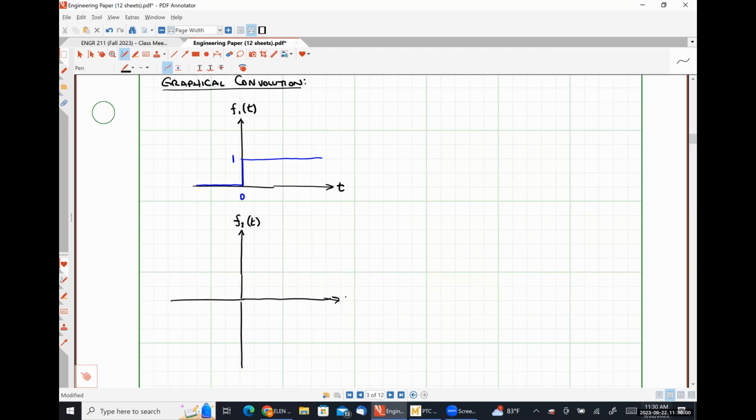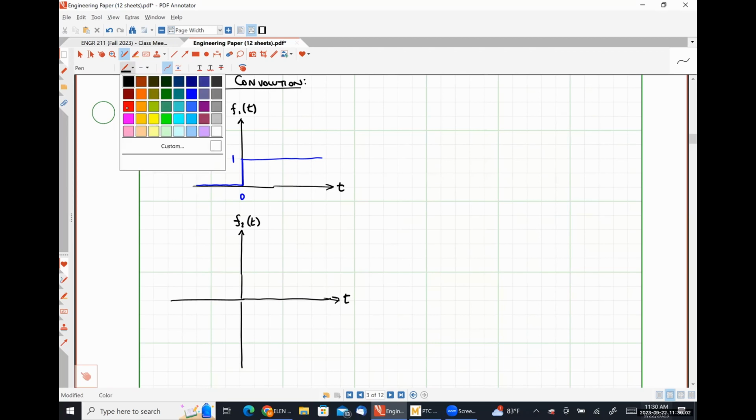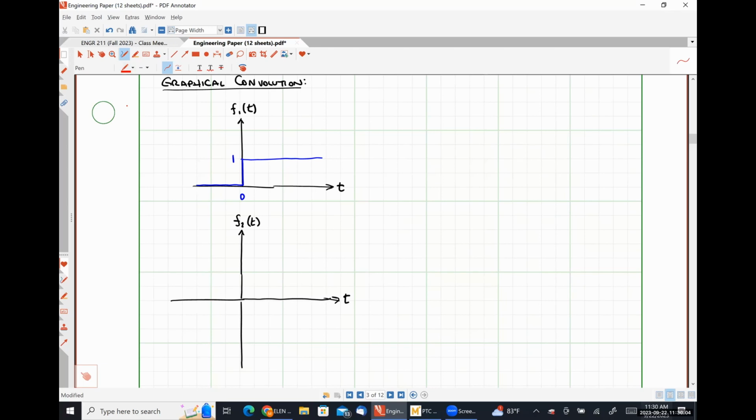And for this particular example, f2 is going to be a piecewise function. So this is going to be 2. We're going to have an exponentially decaying thing here. So this is 2e to the negative t.